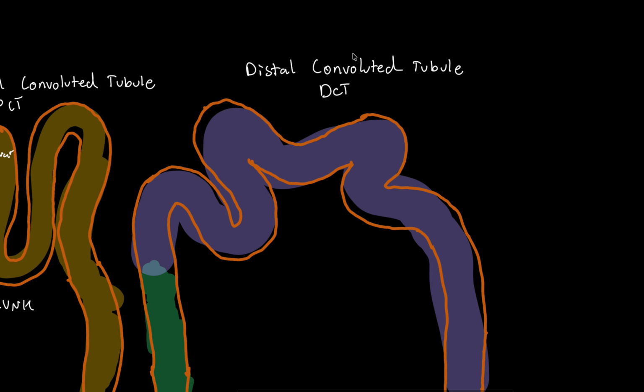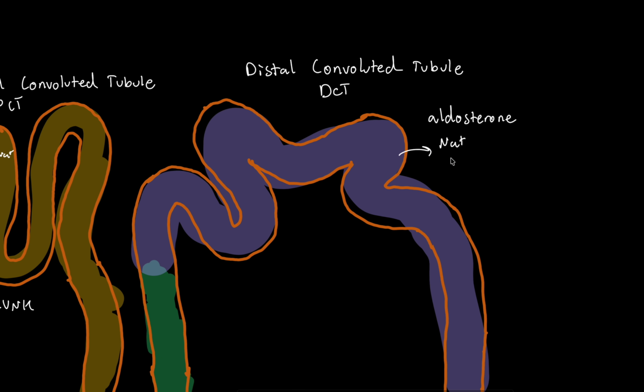Now the main thing you have to understand with this in terms of the MCAT is that there is a hormone known as aldosterone. This is produced by the adrenal cortex, and aldosterone basically allows for the reabsorption of sodium.